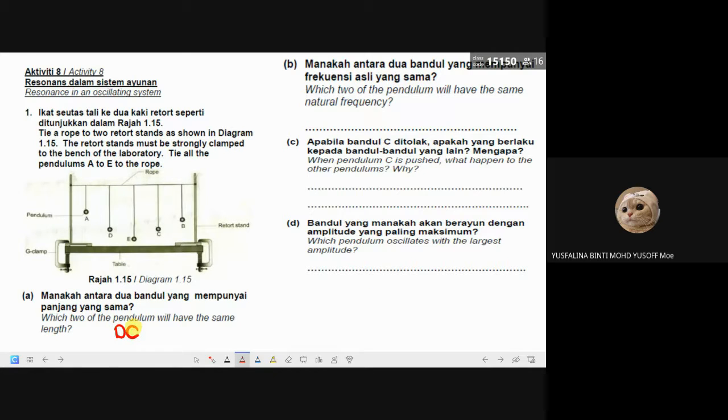Which two pendulums have the same natural frequency? Of course the answer is D and C also, because I already told you, when they have the same length, they have the same frequency, and we call it the natural frequency. Every object around us has its own frequency.